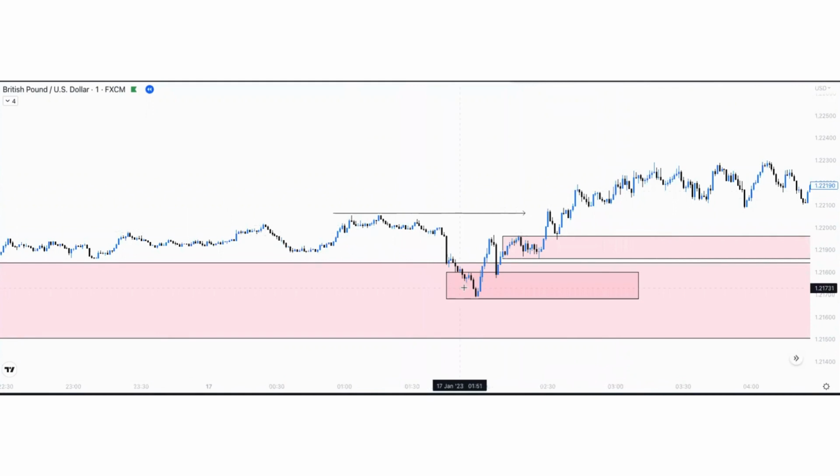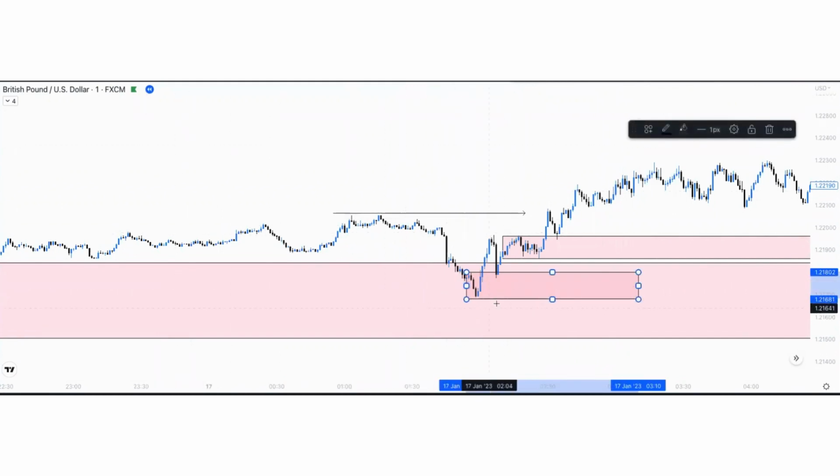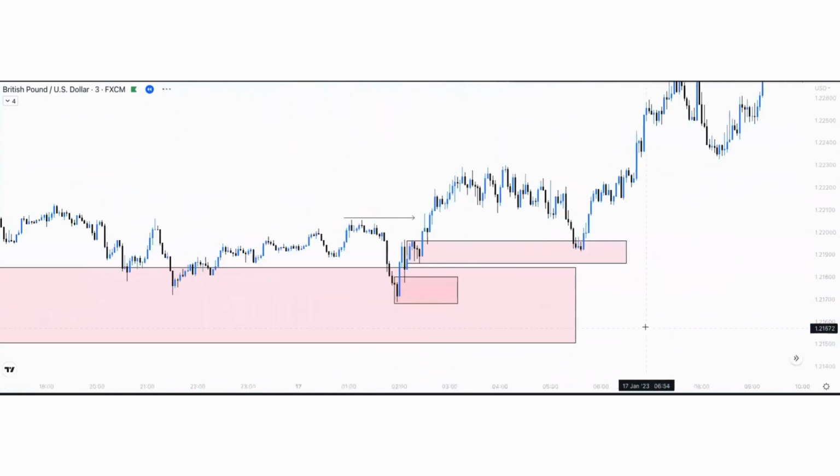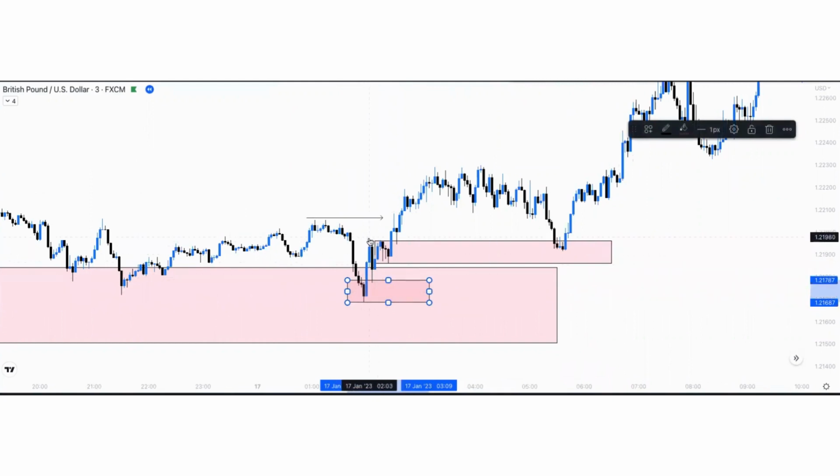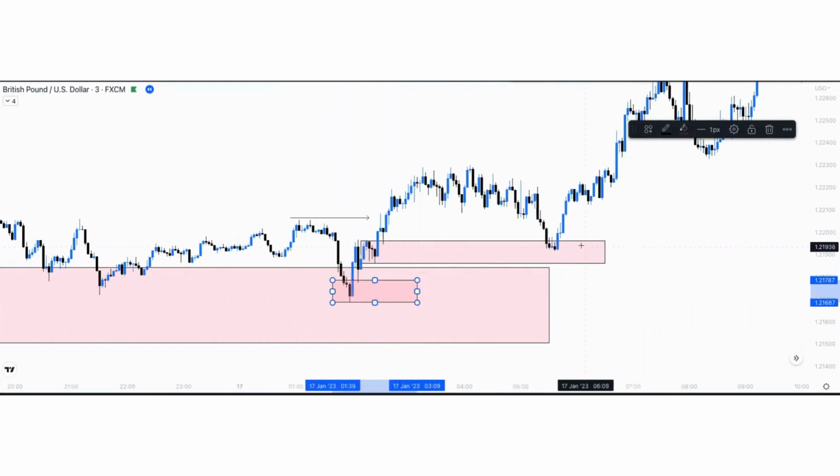On this area I didn't see any order block at first, but I can see some here, like this one. It has respected this last down candle that caused this break. It has this manipulation right here.